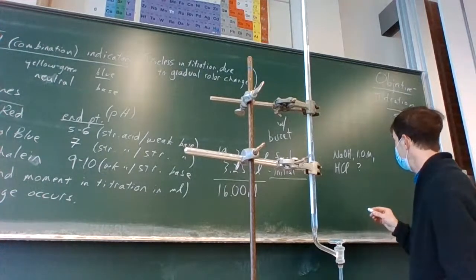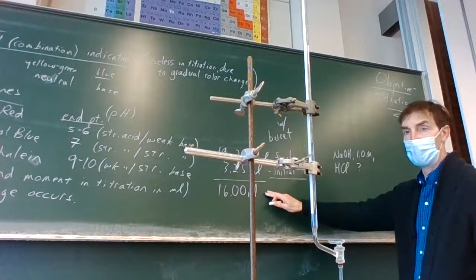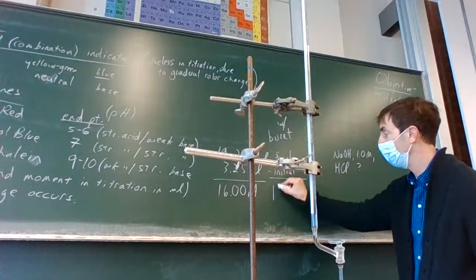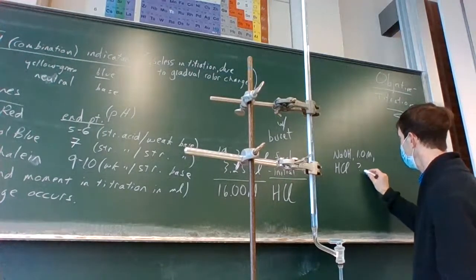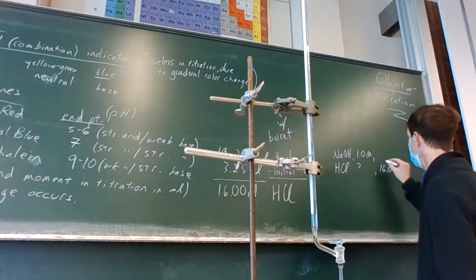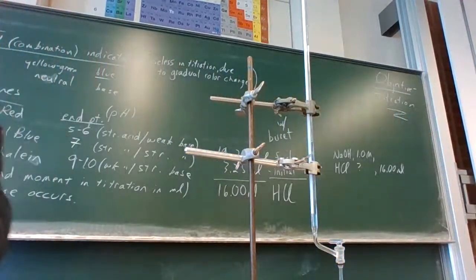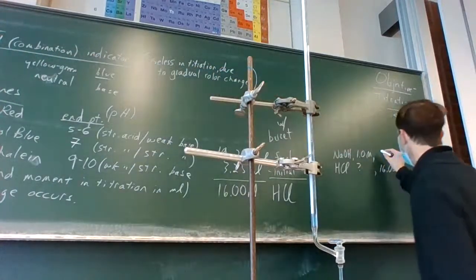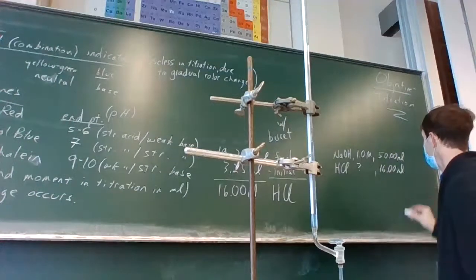I used the HCl as my titrant. So my titrant was that much: HCl, 16.00 milliliters. And the NaOH, I used about, let's say 50. Let's say I was super accurate, so we'll make that up, 50 milliliters, okay?